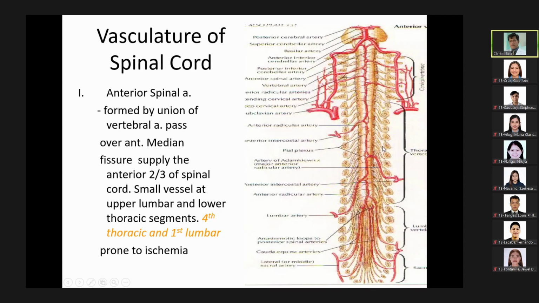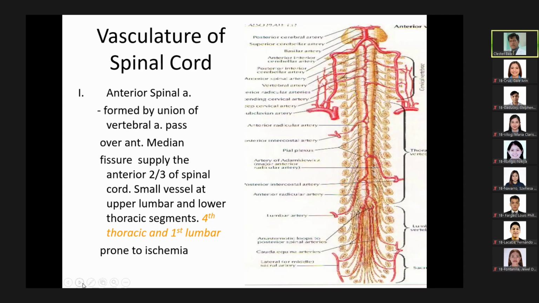Watershed because this is a portion where there is already a diminished amount of blood flow coming from your spinal arteries. And that's why it is prone to ischemia because of the decreasing amount of blood flow in that area. Okay, that's when we're talking about spinal arteries.